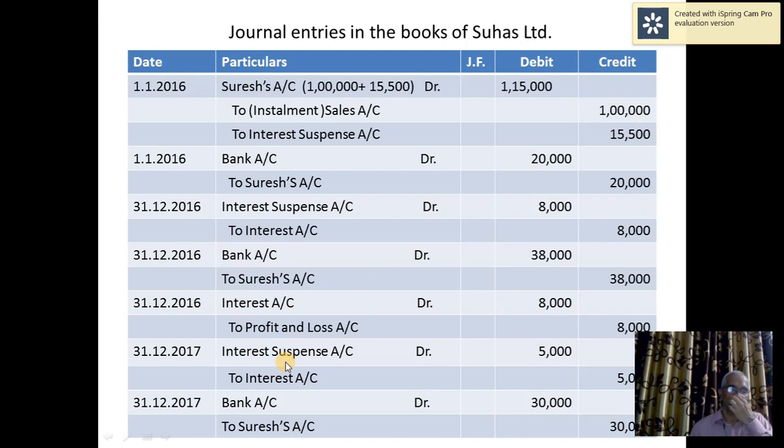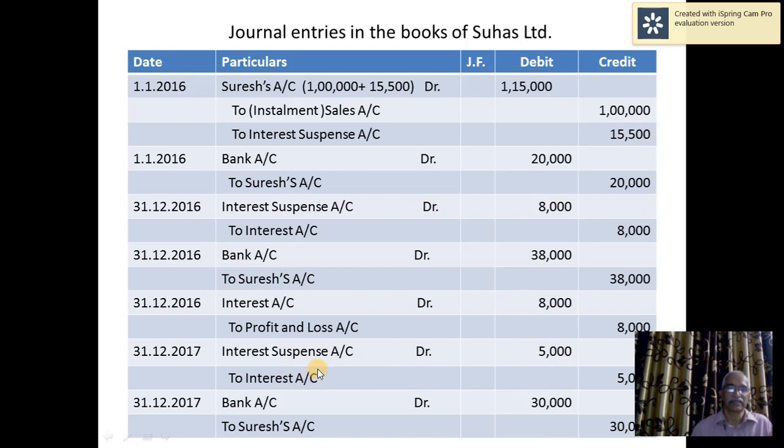Now we'll move on to the second year. So initial two entries are not there in the second year and subsequent years. So the entries which are passed at the end of the year, they have to be repeated. Interest suspense account debit 5,000 to interest account.